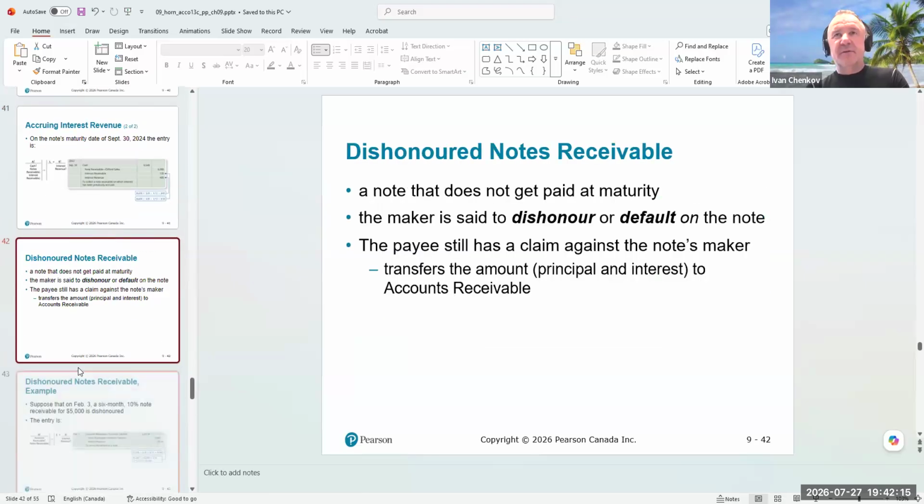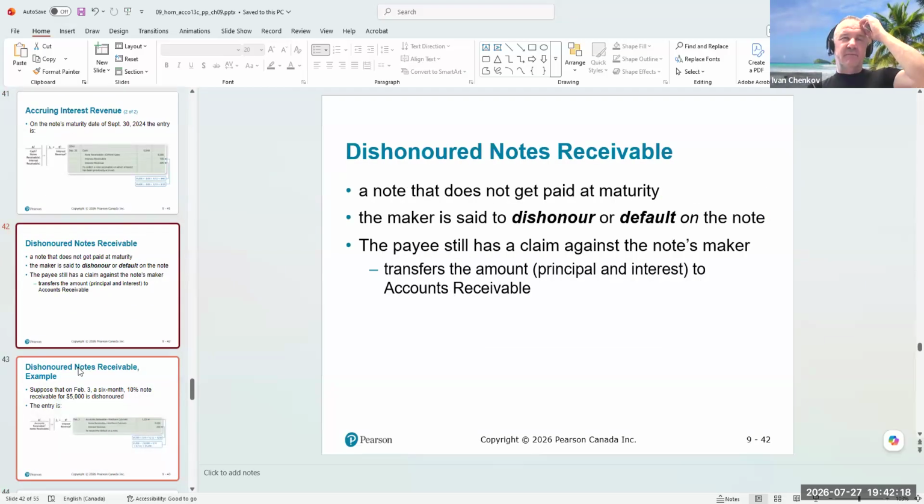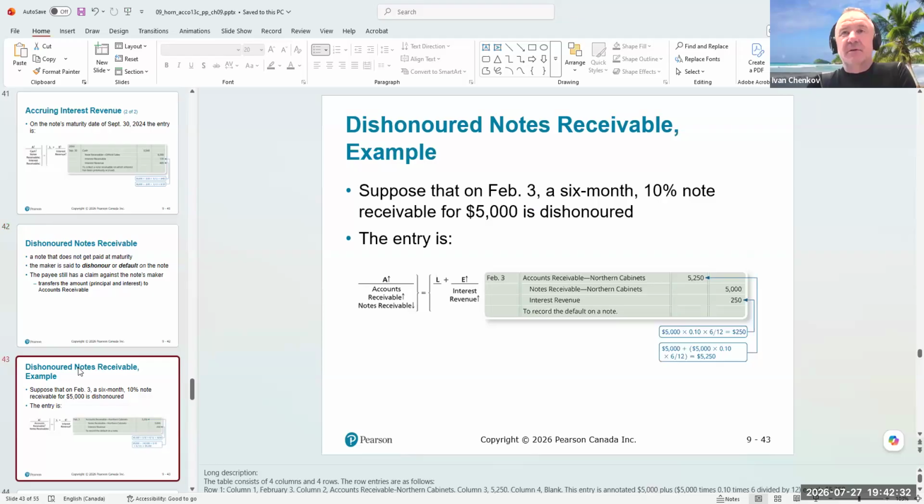Again, on the accrued interest and everything like that, I'm going to leave it for the teacher to explain to you. What's going to happen if the note receivable is not collectible or dishonored?